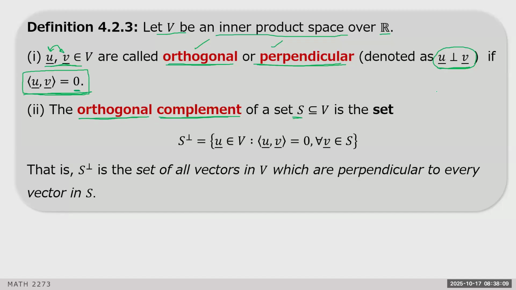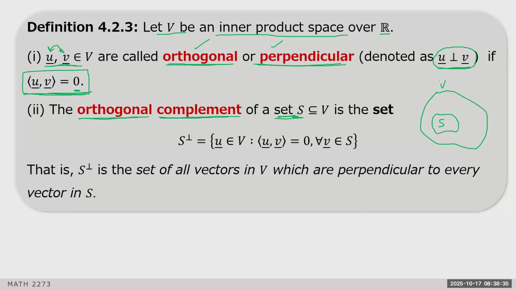So I give you a set. Let me draw a diagram. Here's V, your vector space. Inside of V, I have some set S. S does not need to be a subspace. S is just a set. Of course, it could be a subspace, that's fine, but just think of it as some set inside the vector space.